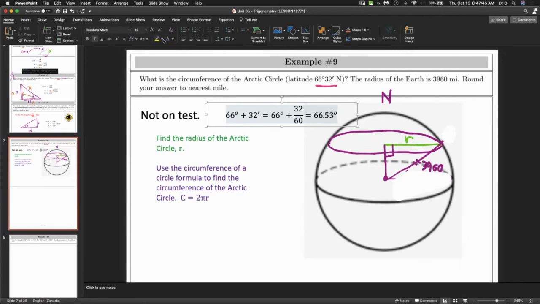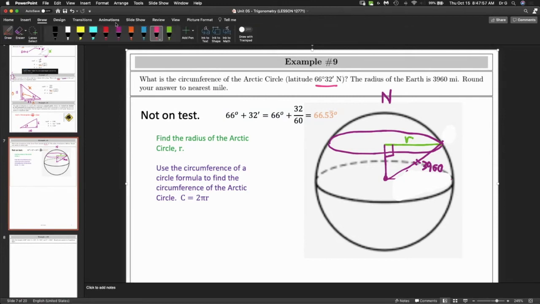And that angle, let's give it a nice orange color. Or peach, I guess that is. And that's the angle right here. Just give me a second, sorry.